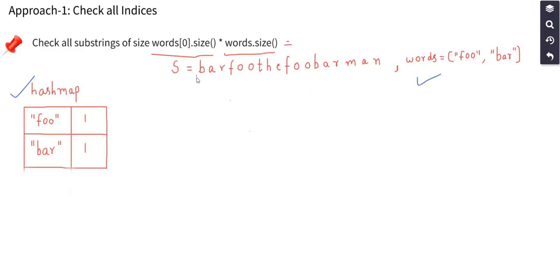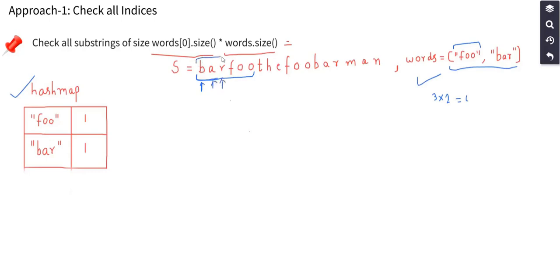So we start from the first character, and we know we want to search for a substring of size 3 into 2, that is 6, where 3 is the size of the word and 2 is the size of this array. Then we choose the first substring of size 6 and we start traversing this substring, and at each index we check if the word that we have, so here we have B, here we would have BA, while here we would have BAR.